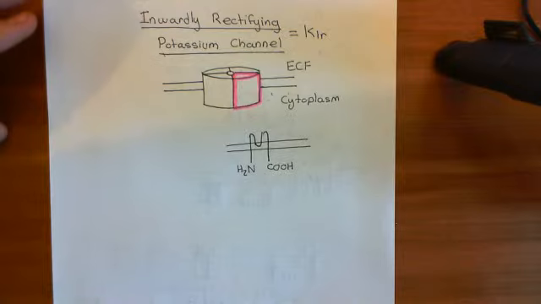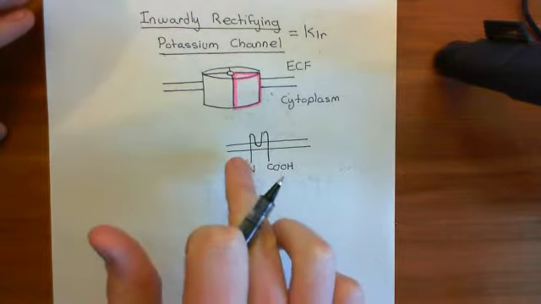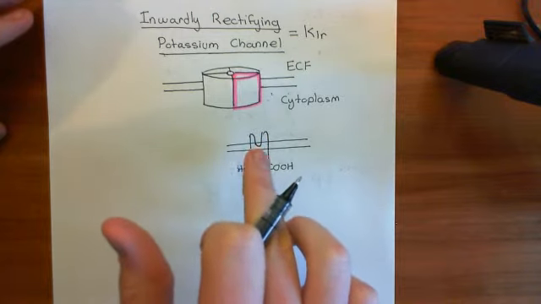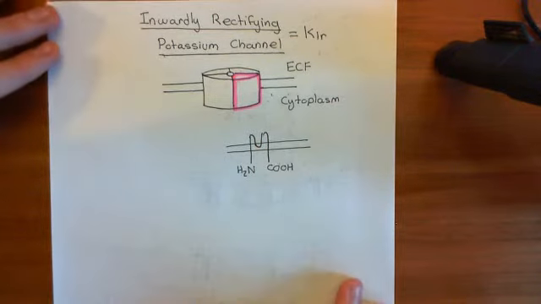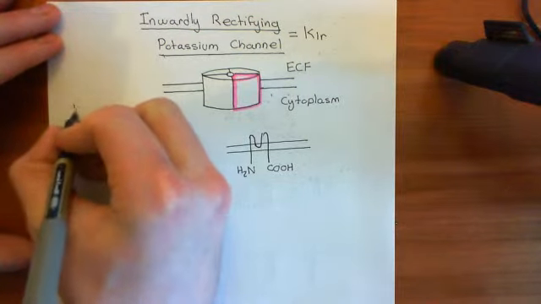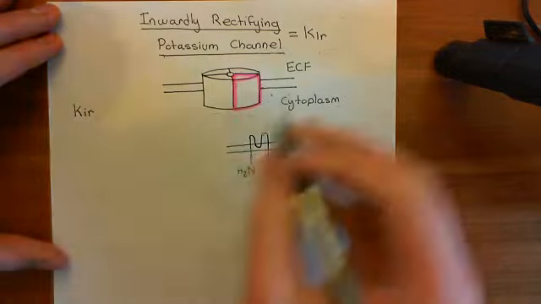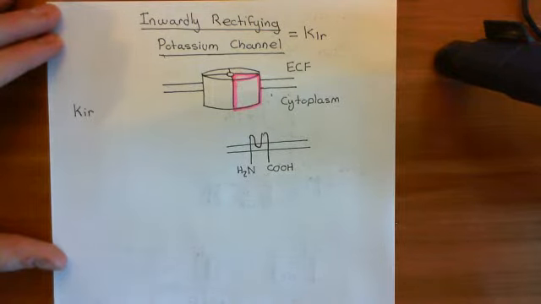Instead, you actually have 15 different genes which all code for different subunits which you can build inwardly rectifying potassium channels out of. These genes are called KIRs for short, for potassium channel subunit that's inwardly rectifying.